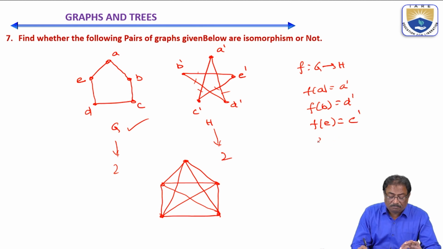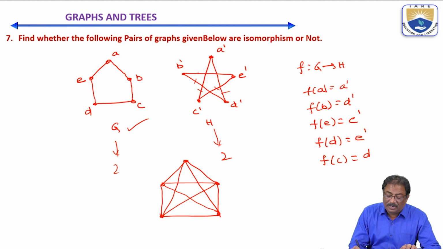And next F of D is C dash's adjacency, which is nothing but E dash, and F of C is D dash.